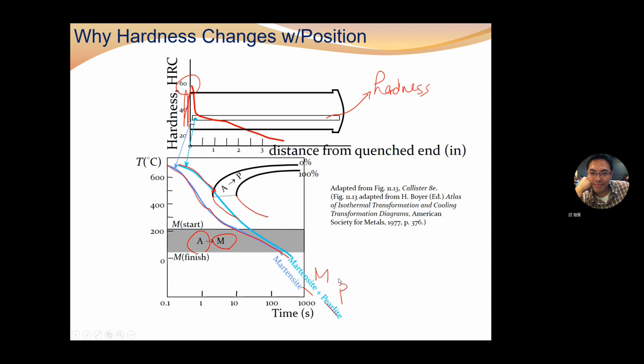Okay. And for the next point, this is the third cooling curve. The austenite starts to transform to pearlite at this moment and finishes at this moment.